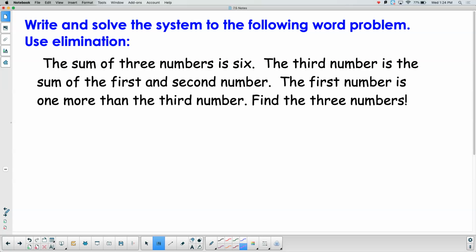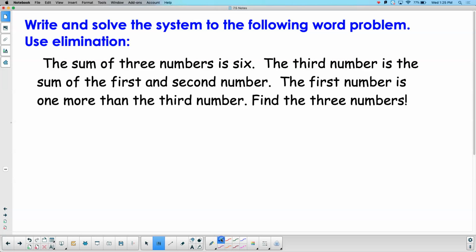Even before that, what should we do before we write equations? How many of them do we need? 3 of them. Okay? What do you want to use? X, Y, and Z. What do you want X to be?